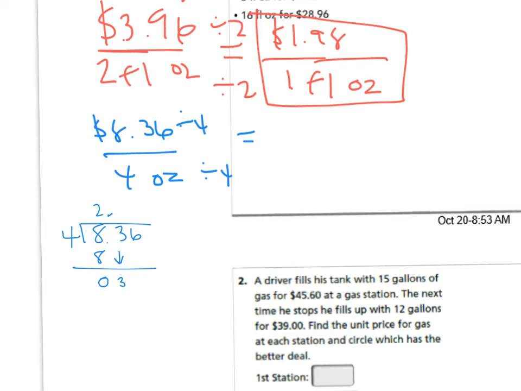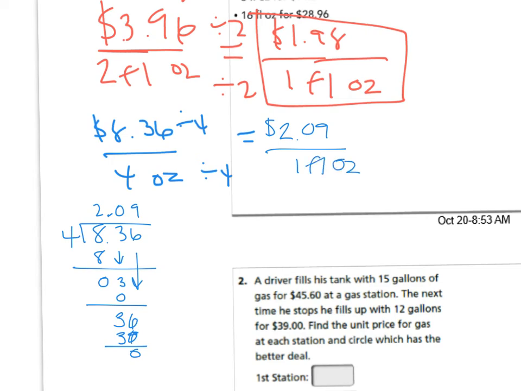Don't forget you need that decimal there. So 0 times 4 is 0, so it's still going to be 3. Bring down my 6. It's going to be 9, which equals 36. Alright, so this one is $2.09 for 1 fluid ounce.